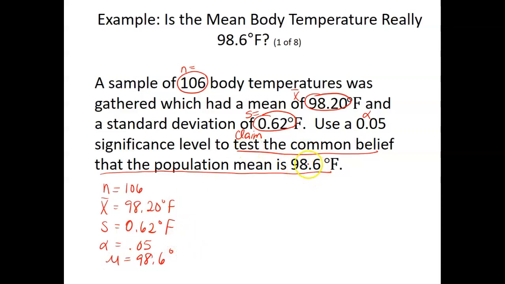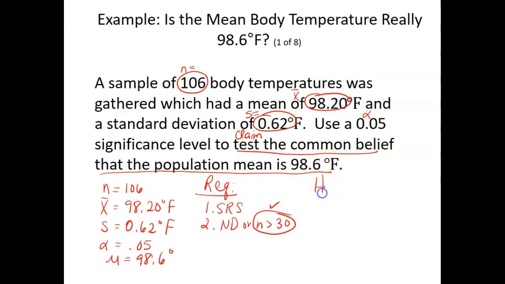Okay, so this is coming from my claim statement, so that's going to be my mu. I could go ahead and check my requirements because we need to know that it's a simple random sample, and we also need to know that it's normally distributed or n's greater than 30. Obviously, we have a fairly large sample size, so we're good with that part.